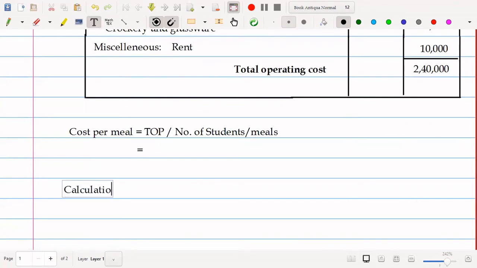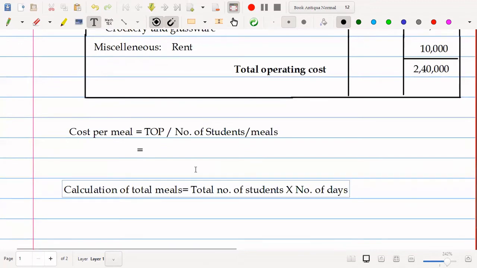Calculation of total meals is equal to total number of students into number of days.